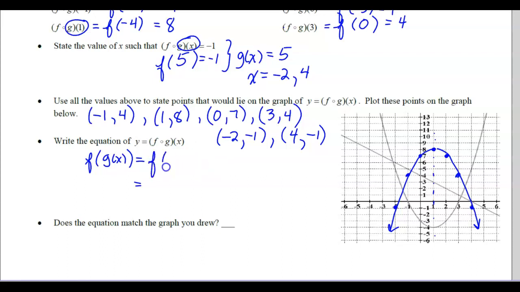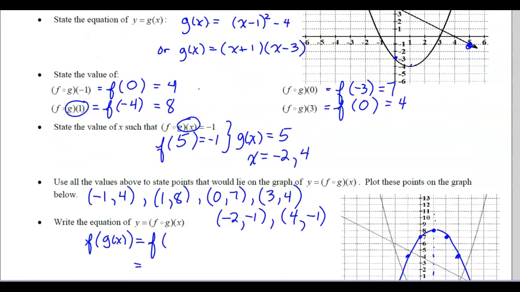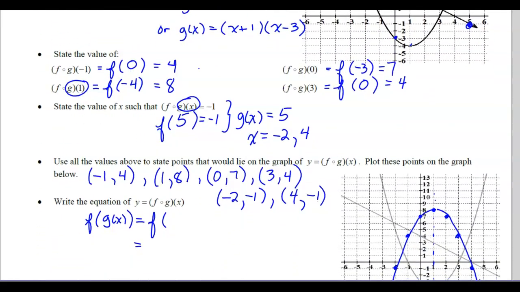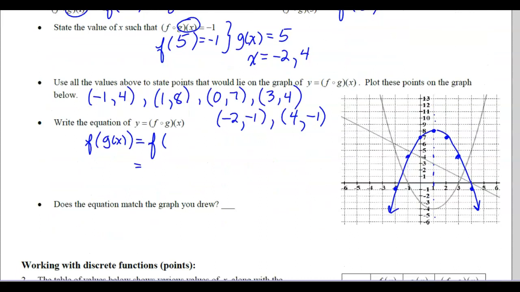F of g of x, we said it was x squared minus 1, all, x minus 1 all squared minus 4. Okay. So then f was negative, substitute that in, plus 4.